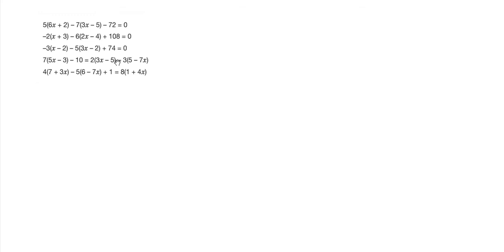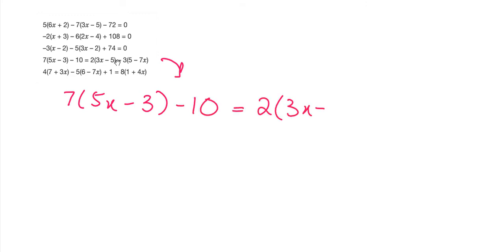It's the same type of example, but a bit more complex than the previous one. Let's work out this one: 7, 5x, 3, negative 10 equals 2 times 3x minus 5, negative 3 times 5 minus 7x.